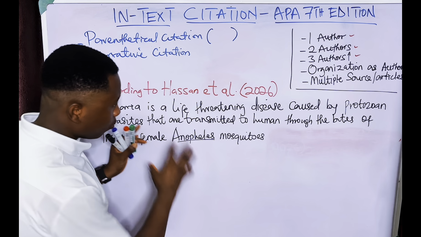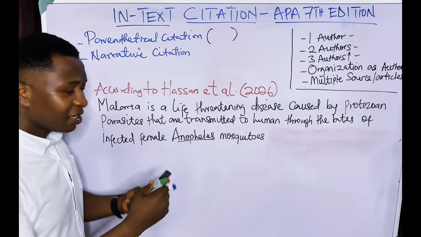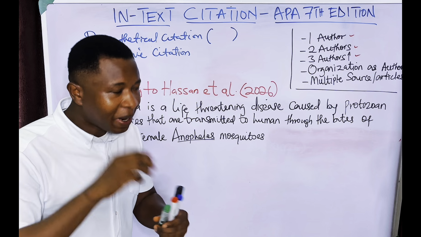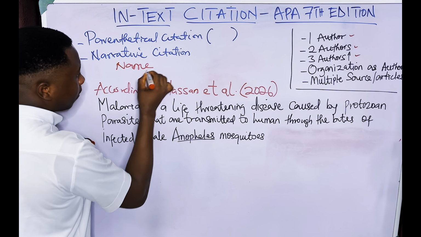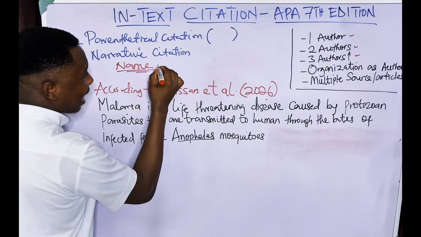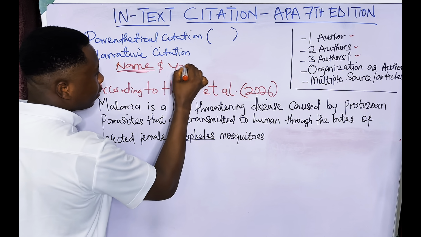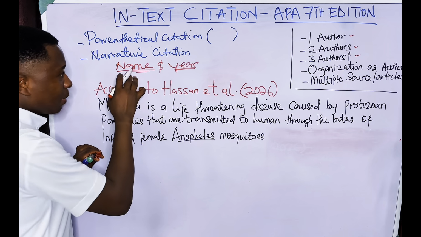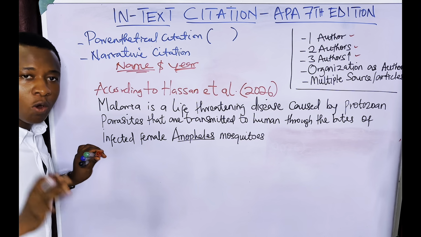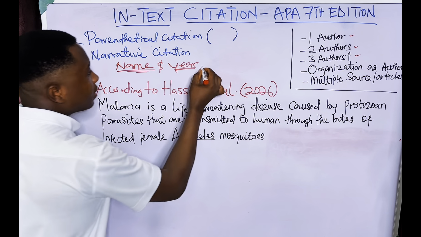Like we have seen, a citation only contains two parts: the name of the author and the year of publication, right? The name of the author and the year the work was carried out. That is for citation.